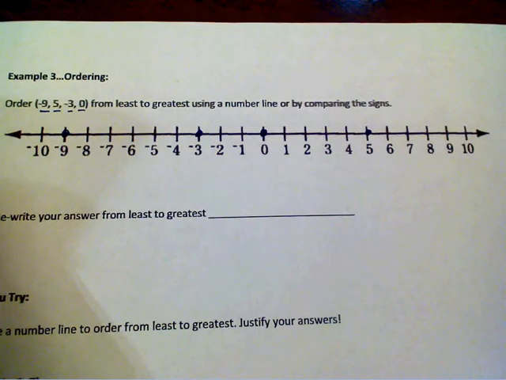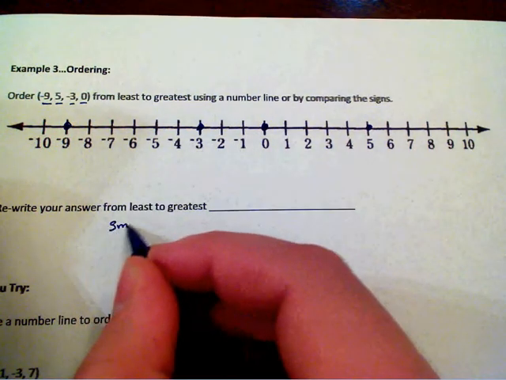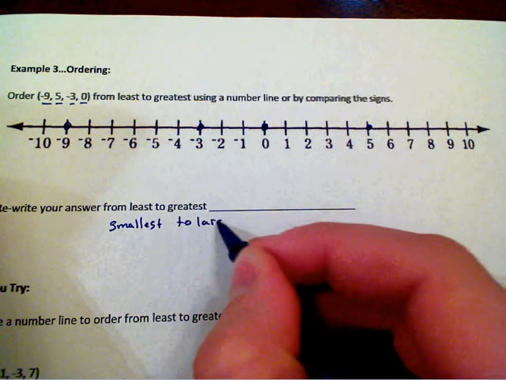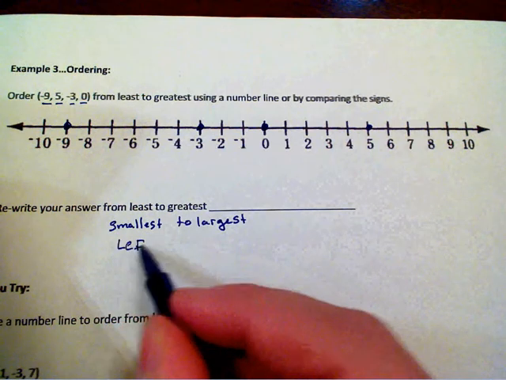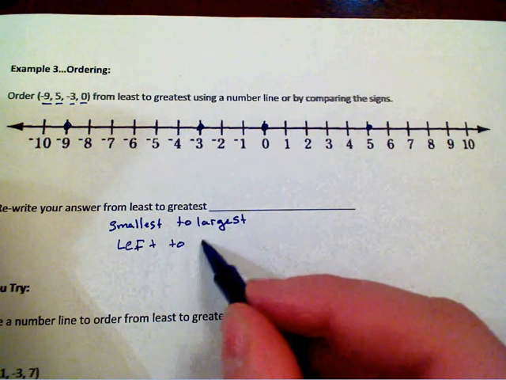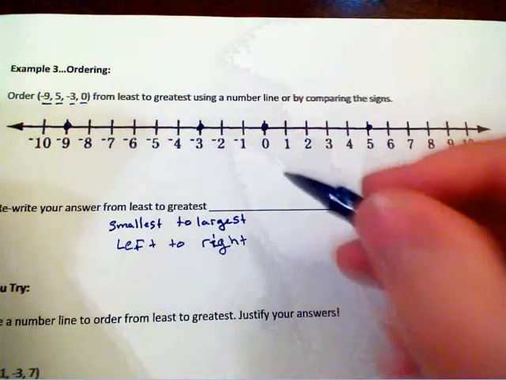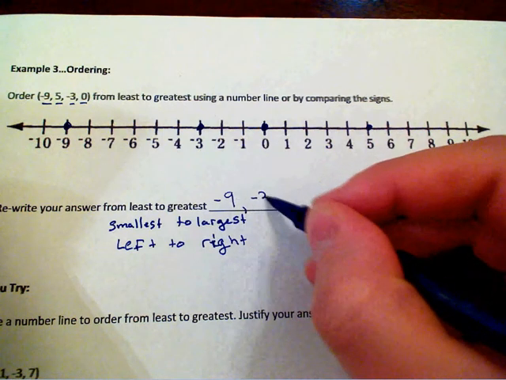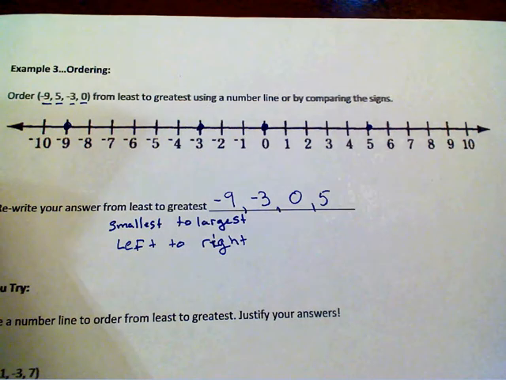Now in order to order them from least to greatest, or smallest to largest, we just look from left to right. So we're going to work with -9 being my smallest, -3, 0, and then 5. And there I have it from smallest to largest.